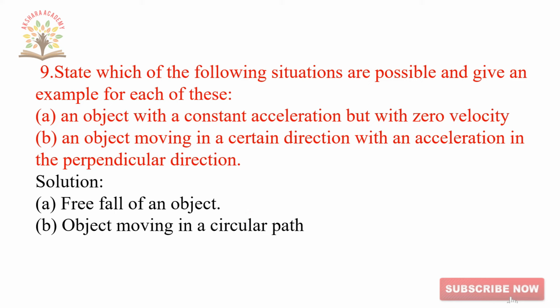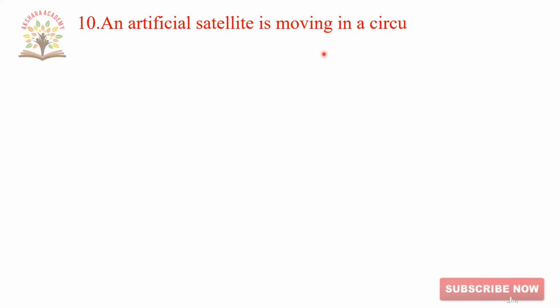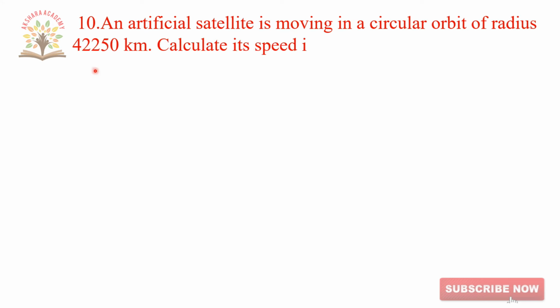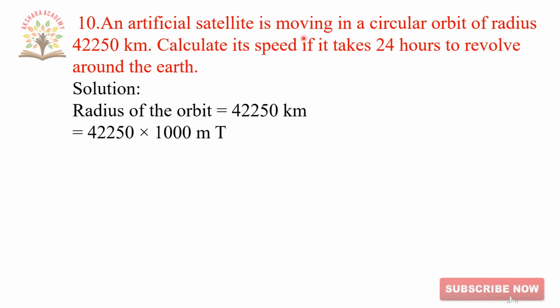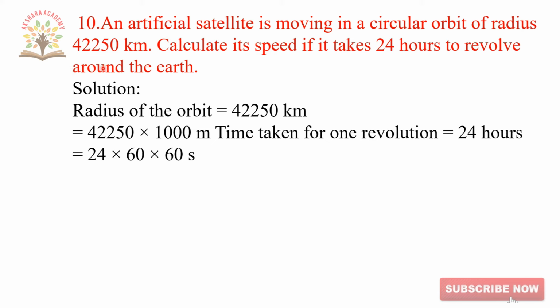Okay. Next, go to the last question, that is the 10th question. An artificial satellite is moving in a circular orbit of radius 42,250 km. Calculate its speed if it takes 24 hours to revolve around the earth. In this question, they have given the radius of the circular orbit of the artificial satellite as 42,250 kilometers.